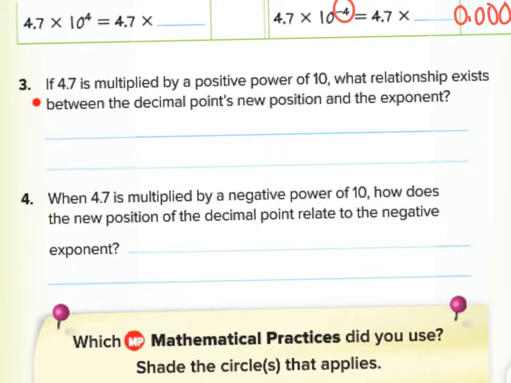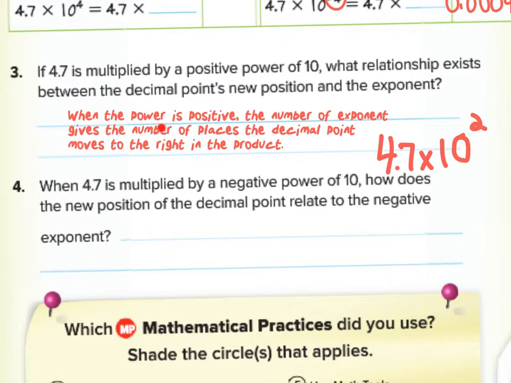Number 3. If 4.7 is multiplied by a positive power of 10, what relationship exists between the decimal point's new position and the exponent? When the power is positive, the number of the exponent gives the number of places the decimal point moves to the right in the product.